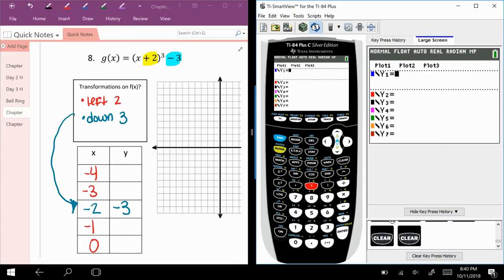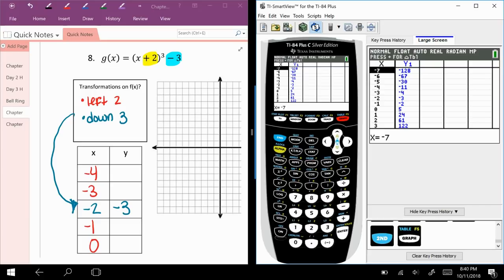So parentheses x plus 2, parentheses with the arrow button up, 3, go to the right, -3. Now to get your table, you press second, graph, and there's your table. You want to fill in those answers. So I have -3, -4, -4, -11, and then -1, -2, and then 0, 5.